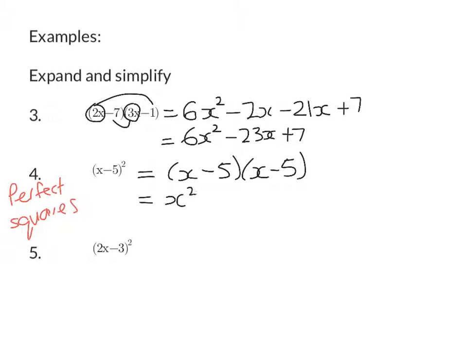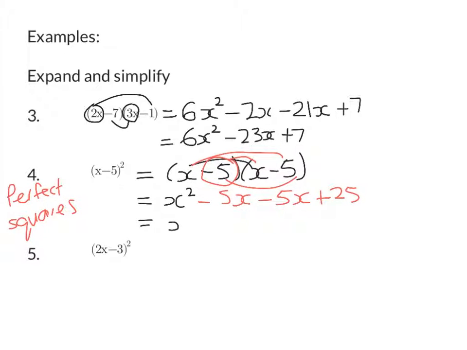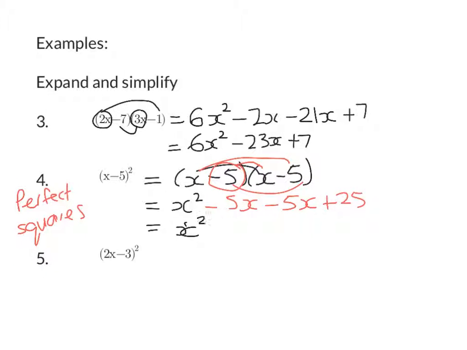We'll get x squared minus 5x minus 5x again plus 25. Putting that all back together, we get x squared minus 10x plus 25. Right, now number 5 is the same idea, but with 2x minus 3.